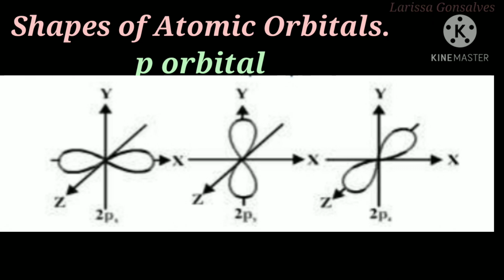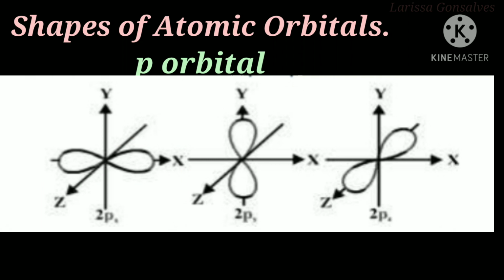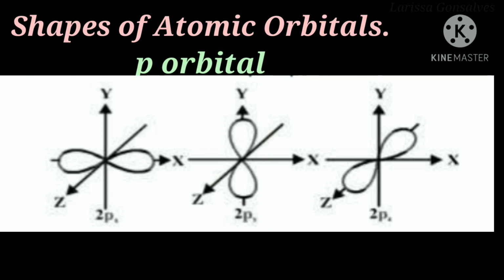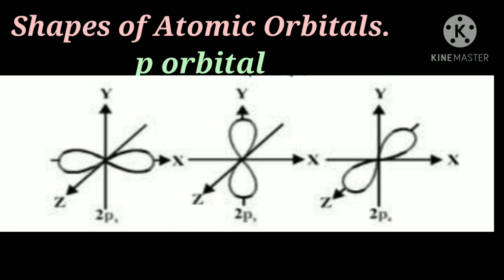For px orbital, the electron density is maximum on the x-axis. For the py orbital, the electron density is concentrated on the y-axis, and for pz orbital, the electron density is concentrated on the z-axis. Each p orbital has two lobes which are separated by the nodal plane.